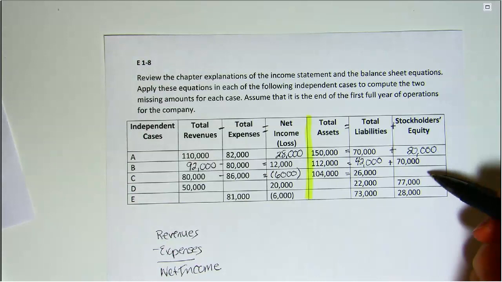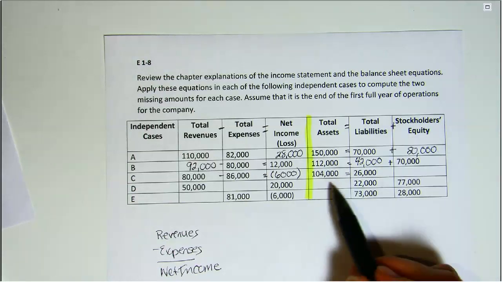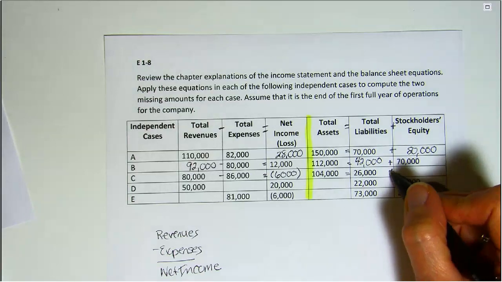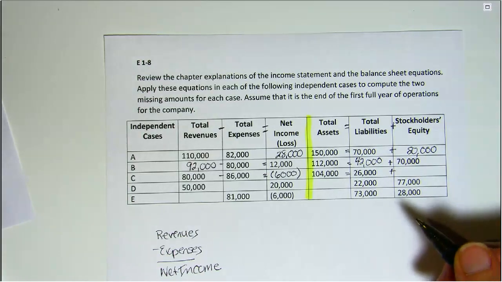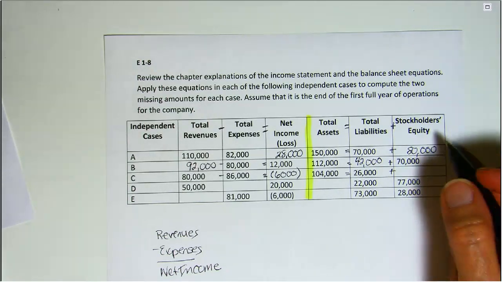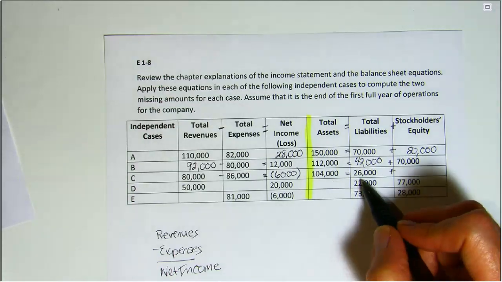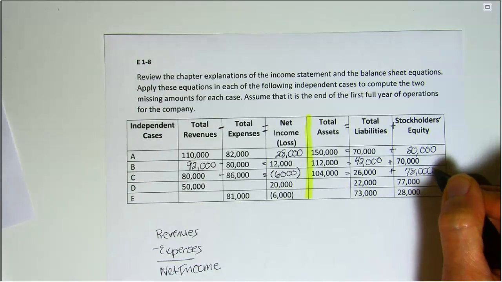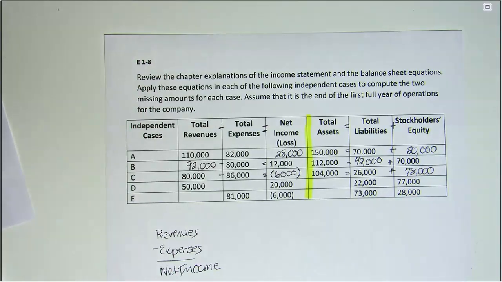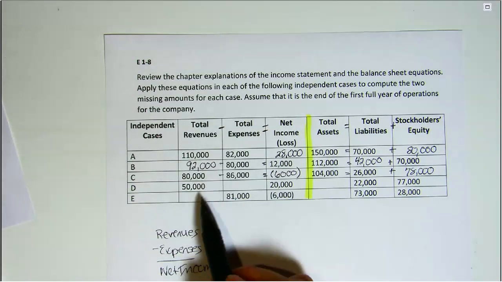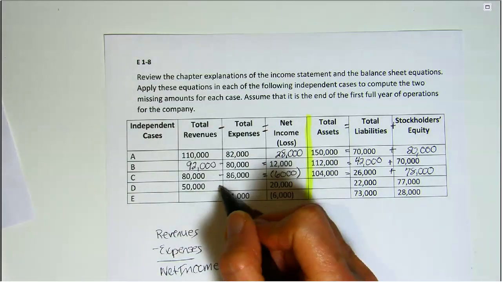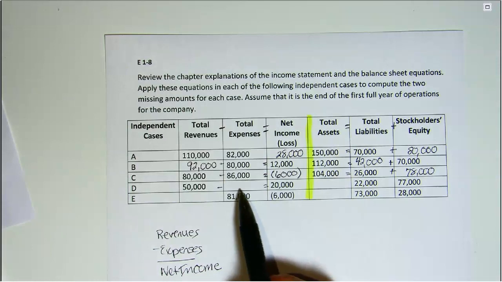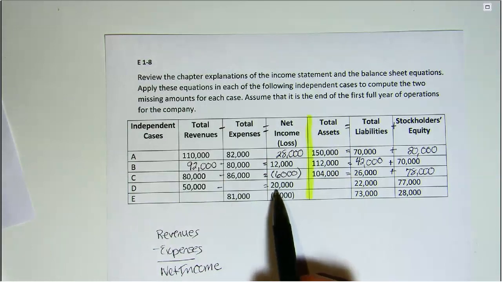Here we have to find our stockholders' equity. 104,000 equals 26,000 plus some other figure, and we can subtract to find that. 104,000 minus 26,000 would be 78,000. In case D, 50,000 in revenue minus the expenses equals net income of 20,000.